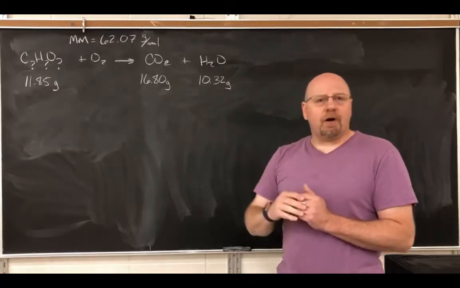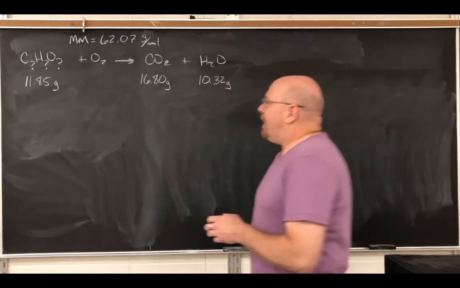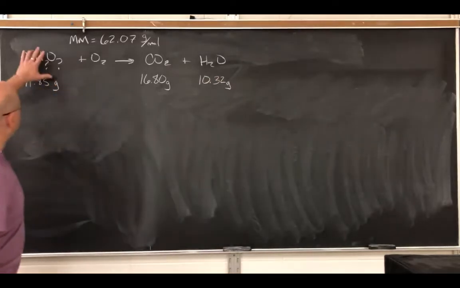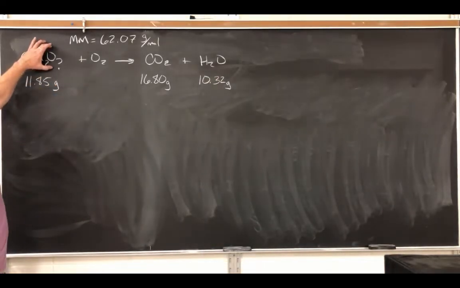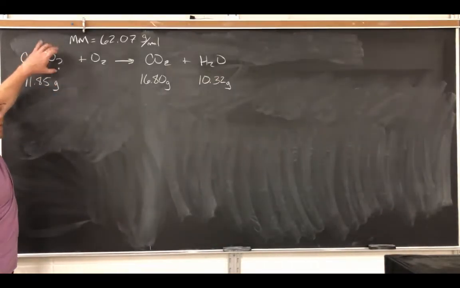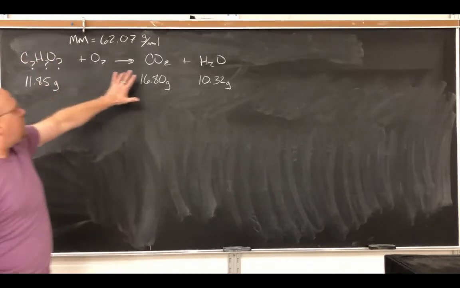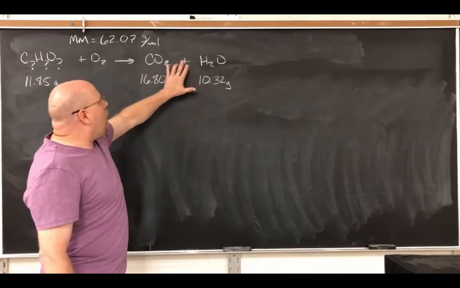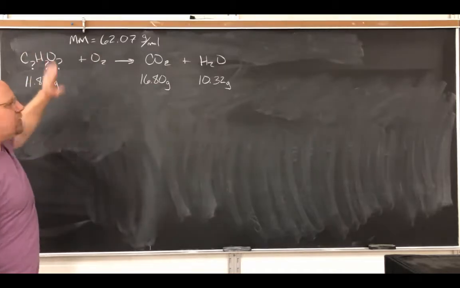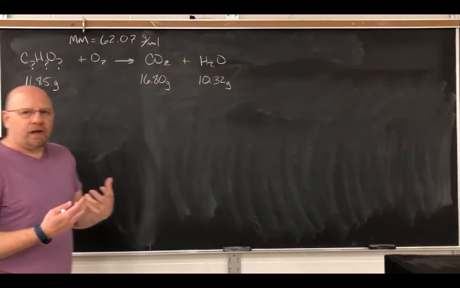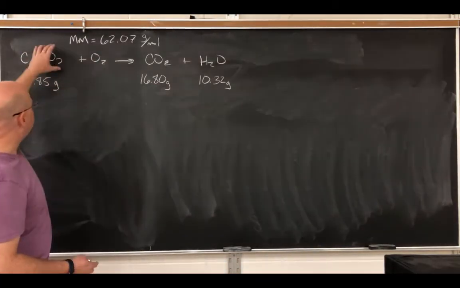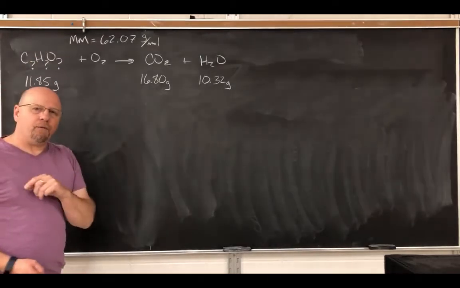Oxygen is in every one of these compounds or elements, and we don't know exactly how much oxygen is in this formula, because all of the oxygens here are from both of these combined. So we don't have a way of distinguishing the oxygen that came from just this, but we have a workaround.